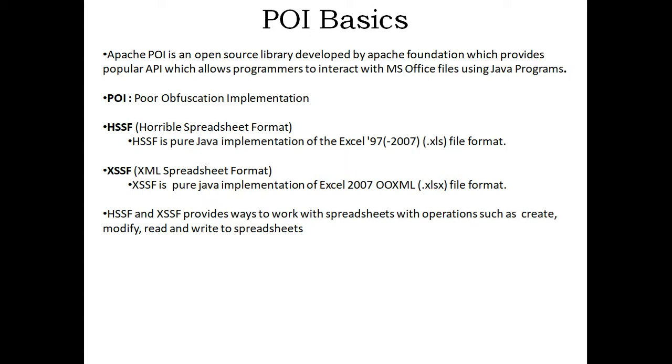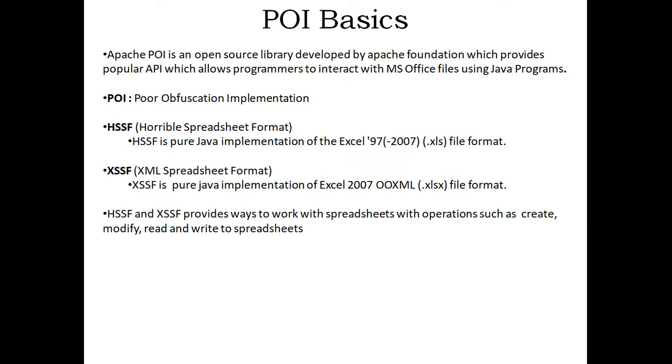Apache POI is an open source library developed by Apache Foundation, which provides popular API which allows programmers to interact with MS Office files using Java programs. It's nothing but a set of libraries provided by Apache Foundation to interact with Microsoft Office files.